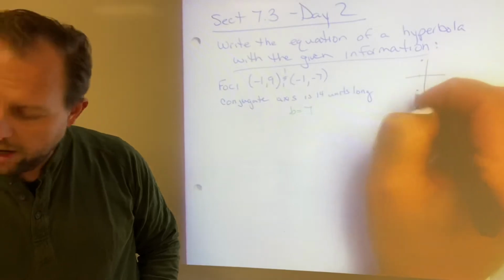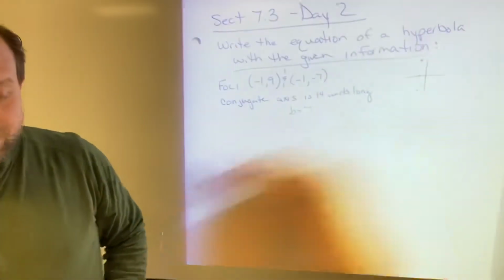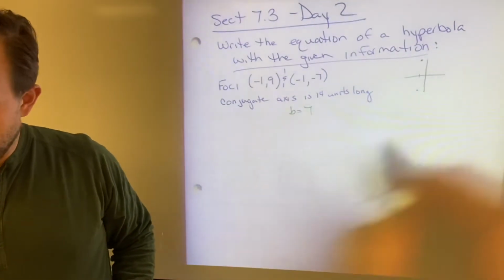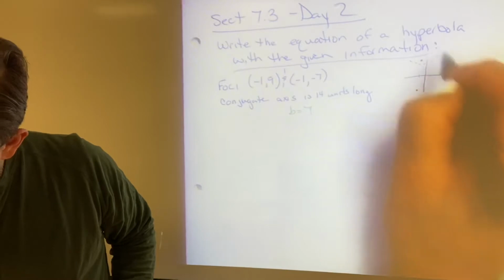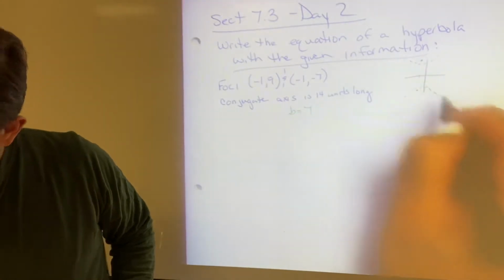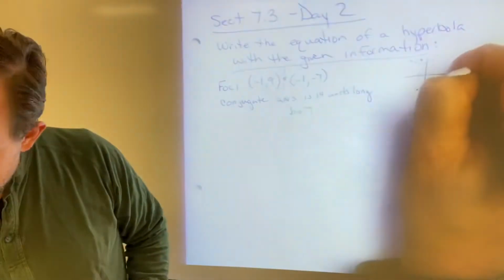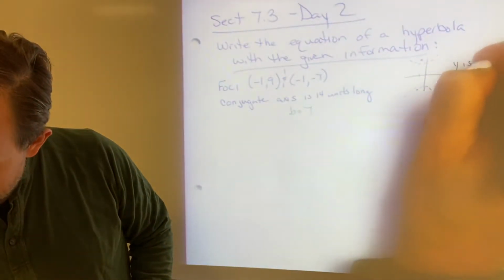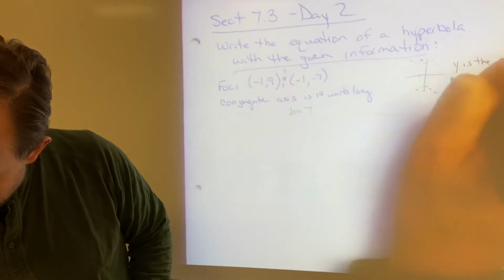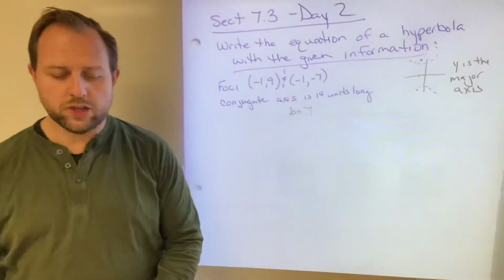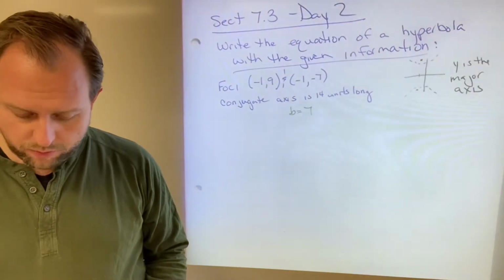The foci are, remember, outside of our graph, but that means that our graph is going to be going something like this, which means that y is the major axis.